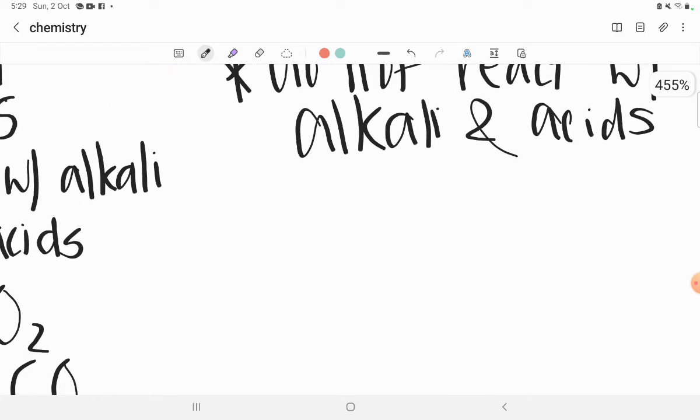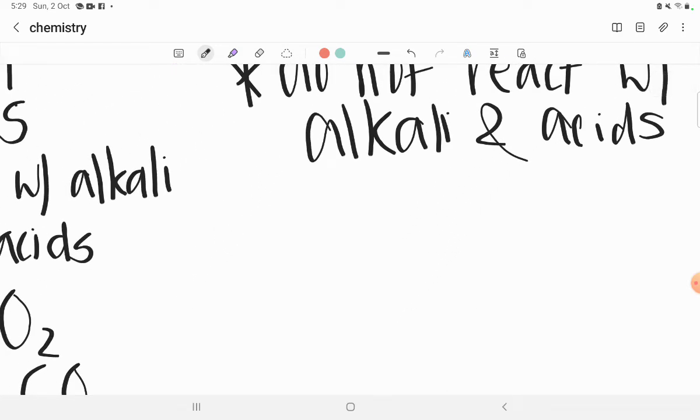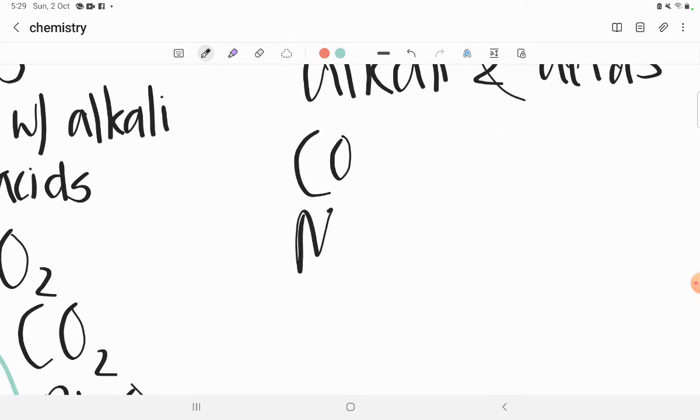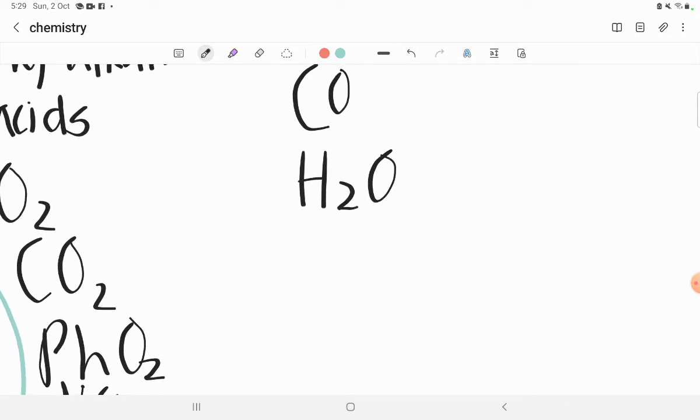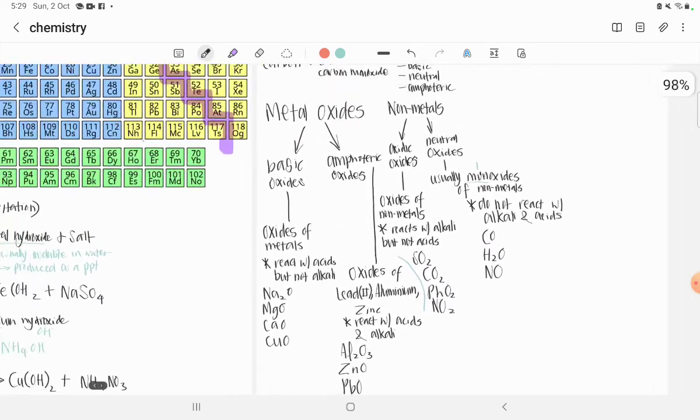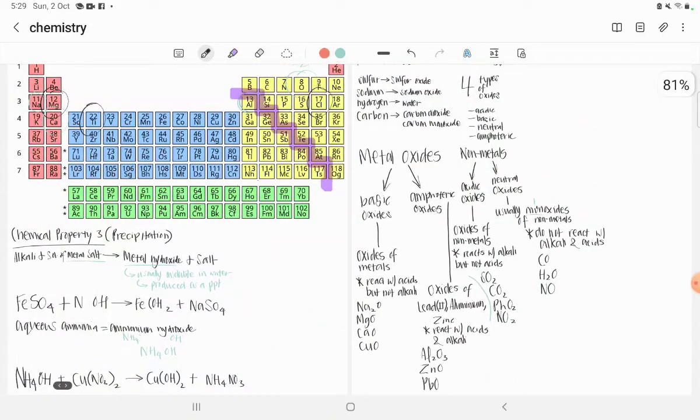Some examples are the one that we covered, carbon monoxide. There's also water, because again it only has one oxygen, and nitrogen monoxide, NO. So done, we have covered oxides.